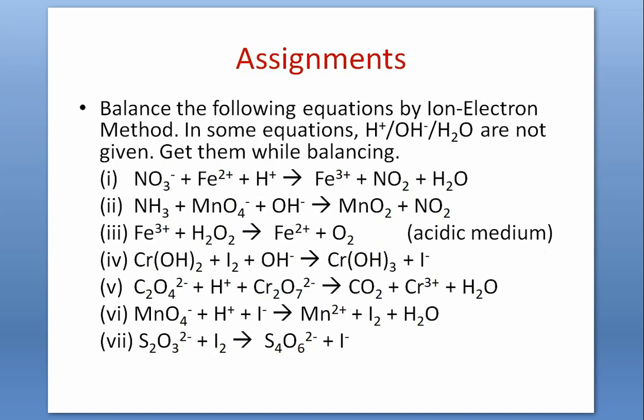Somewhere I have written acidic medium; in such cases I have not given any water and H plus. Automatically it will come on some side. Somewhere I have written OH minus and H plus, but not water. Sometimes H plus ion, OH minus ion, water are missing. Get them while balancing. Automatically, while you do these steps, you will get the required number of H plus, OH minus or water on the appropriate sides.